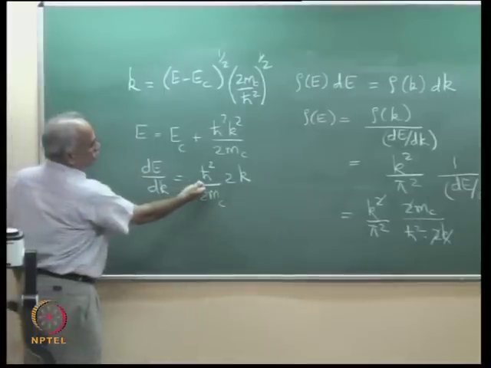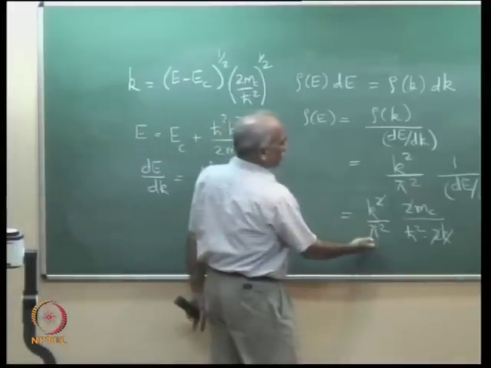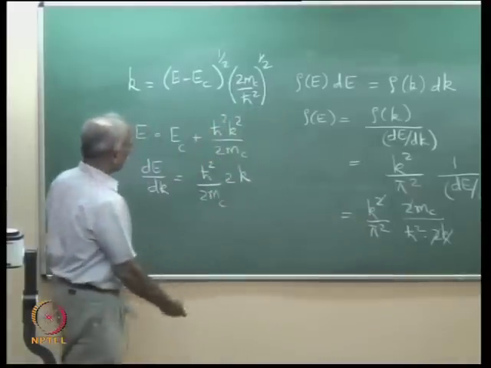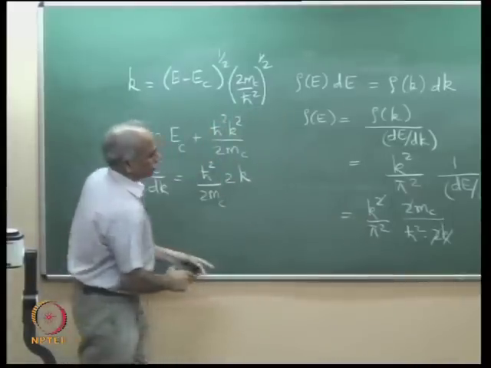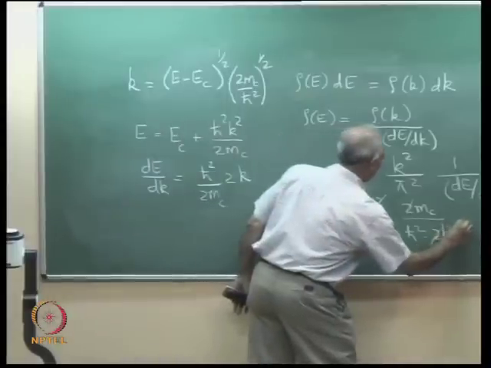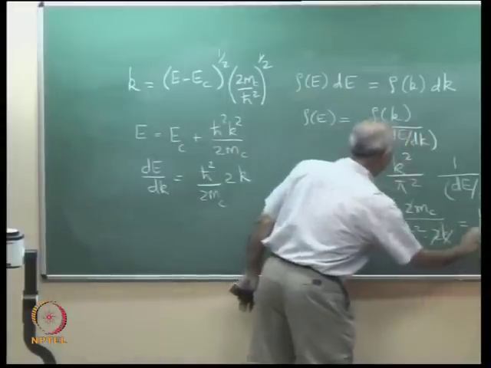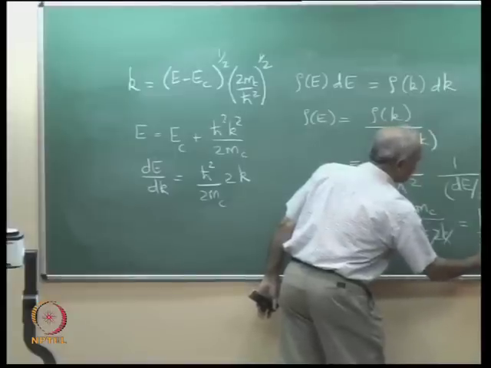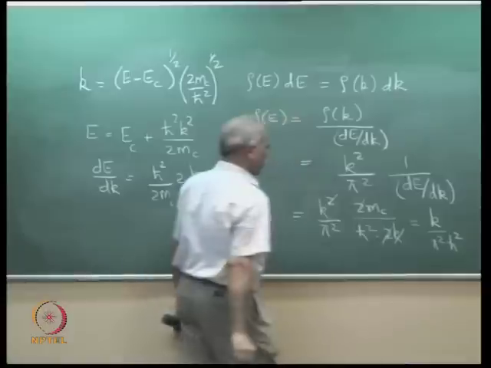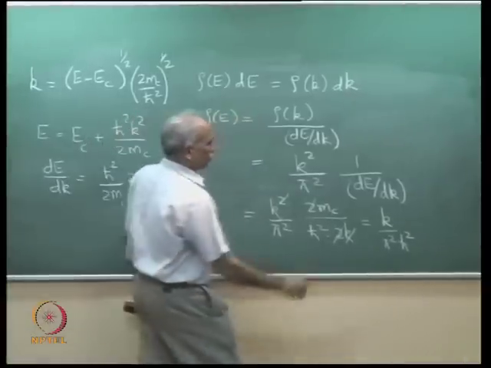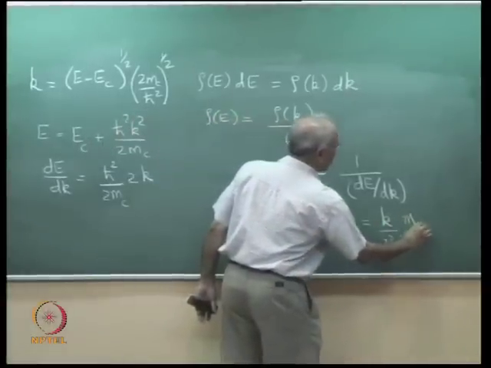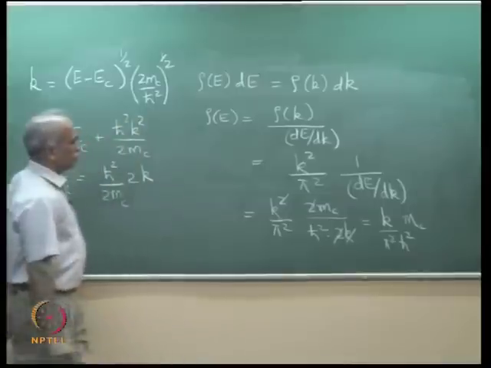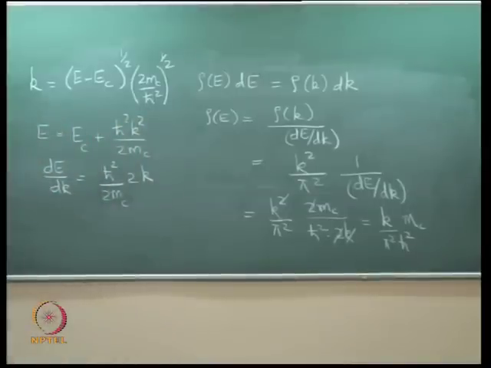I have simply substituted this k square by pi square divided by 2k into this. So this is equal to k by pi square, h cross square into mc. I hope I have not made any mistake.